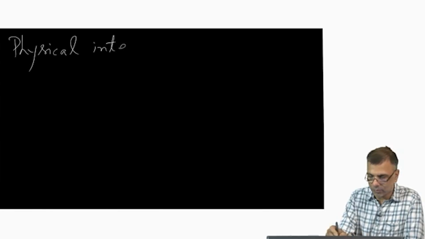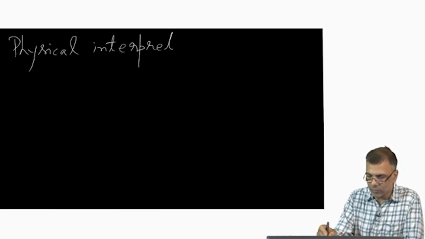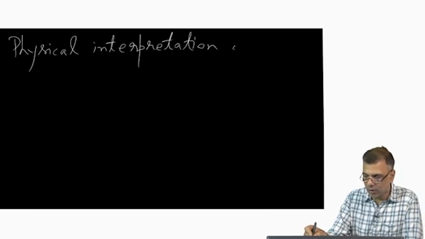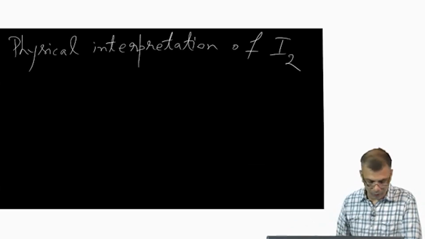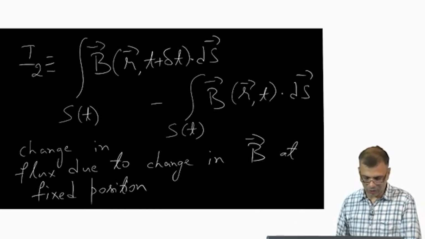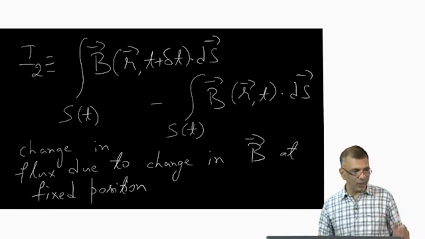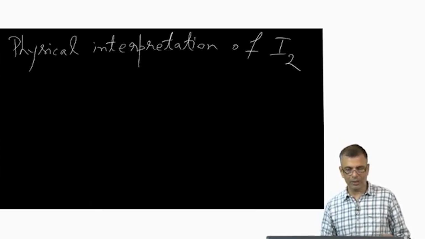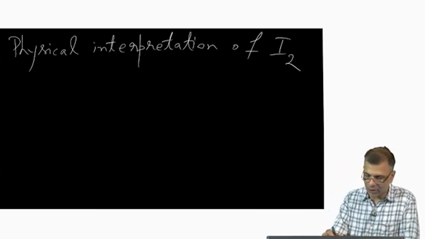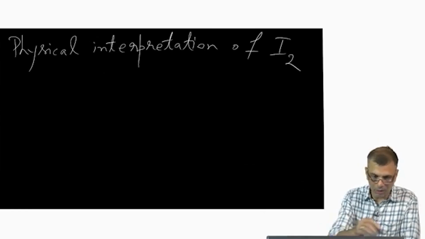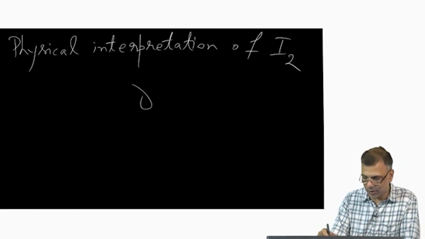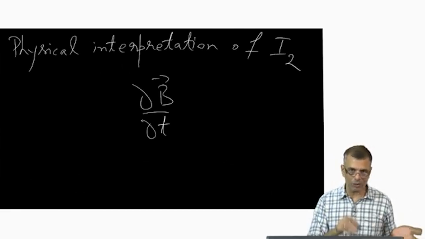The physical interpretation of I2, which you remember is the change in flux due to the change in B at a fixed position. So the time rate of change in B is dB dt, but of course partial, because the magnetic field is a function of both space and time.